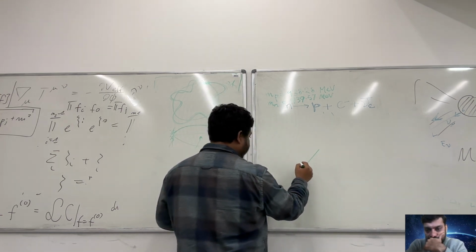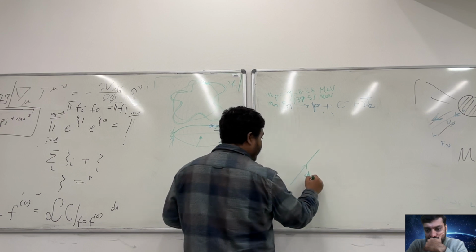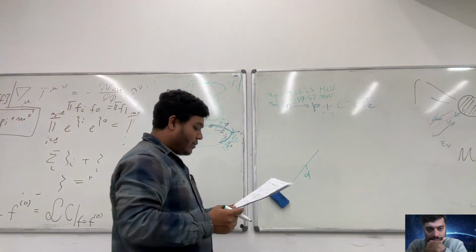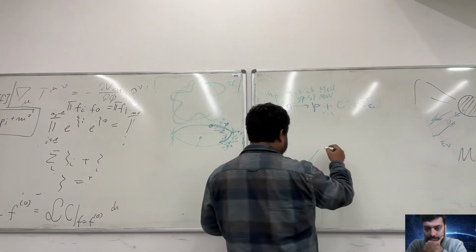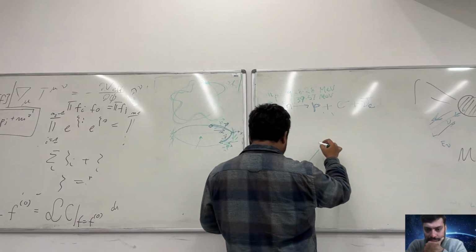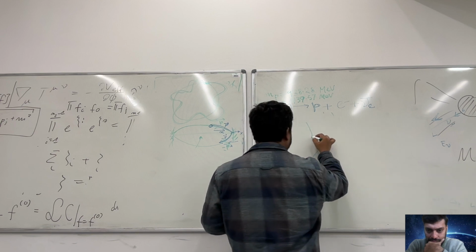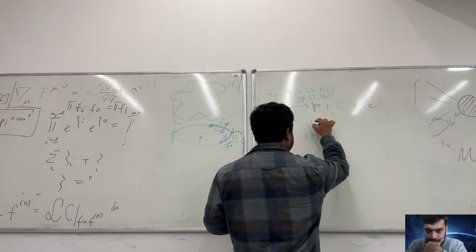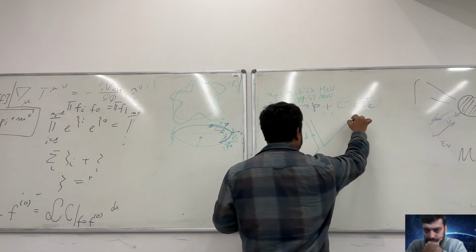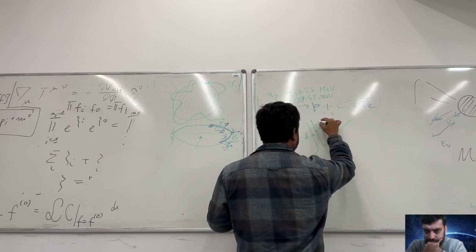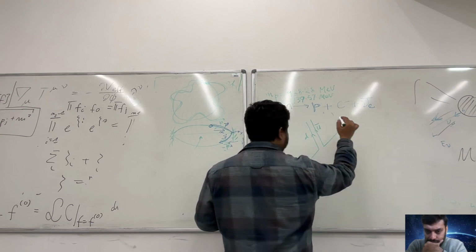So let's consider for a second this D quark, which is further converted into an up quark. Let me just draw this one. This D quark will remain a D quark, and it creates one.